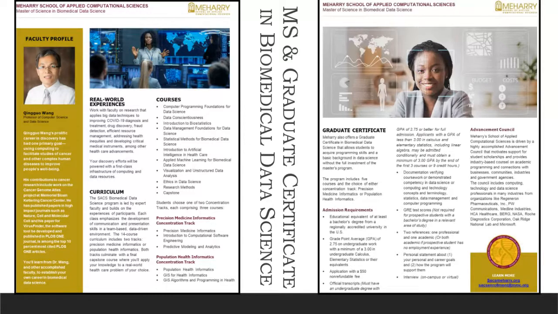Then, in addition to those 5, just for the graduate certificate program, you choose a concentration track between precision medicine informatics and population health informatics, where you take the first course in that concentration track. So if you choose precision medicine informatics, you would take the introduction to precision medicine informatics. If you choose population health informatics, you will take the introduction course to that area.